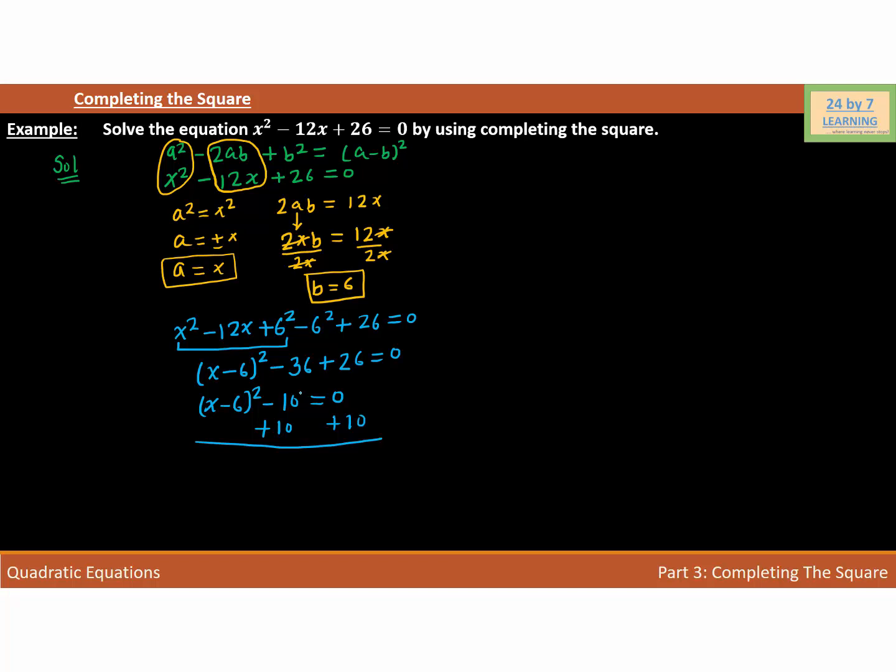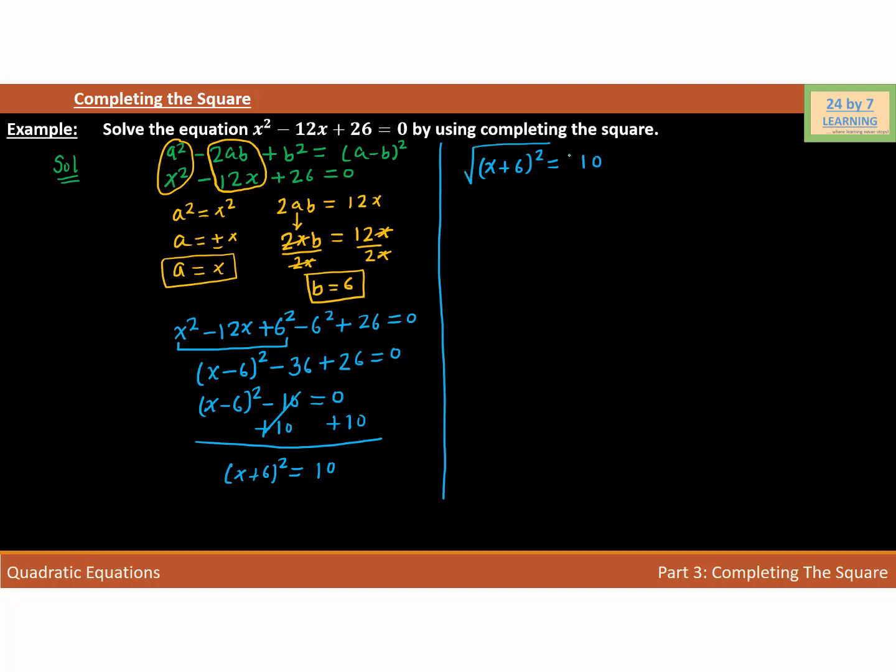So the 10 will be cancelled out, and I have (x minus 6) whole squared is equal to 0 plus 10, which is 10. So I will write (x minus 6) whole squared is equal to 10. In order to find the value of x minus 6, I'm going to take the square root on both sides.